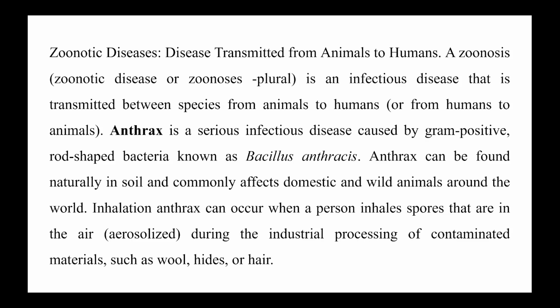And anthrax is a serious infectious disease caused by gram-positive rod-shaped bacteria called Bacillus anthracis. Anthrax can be found naturally in soil and commonly affects domestic and wild animals around the world.